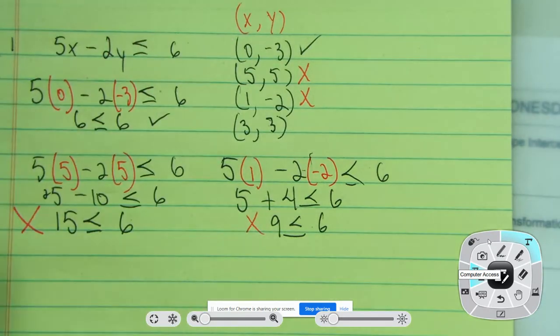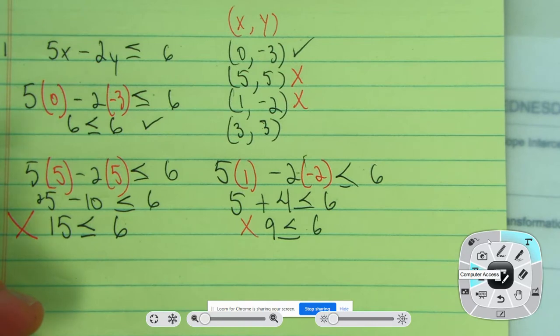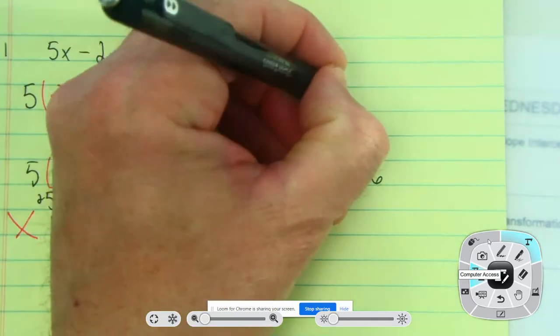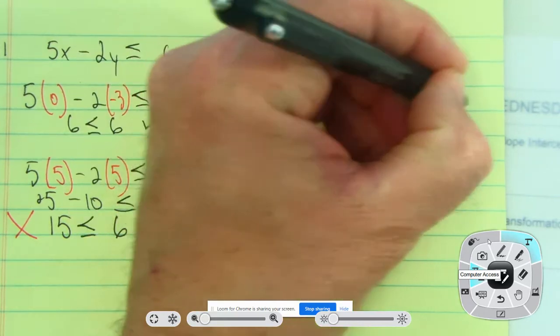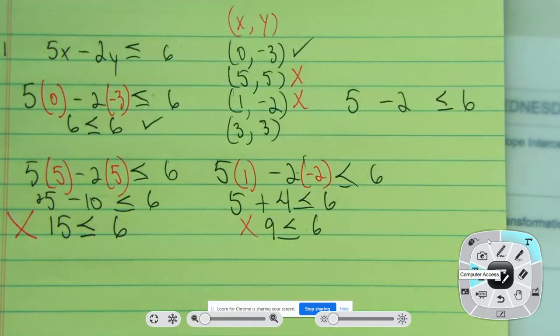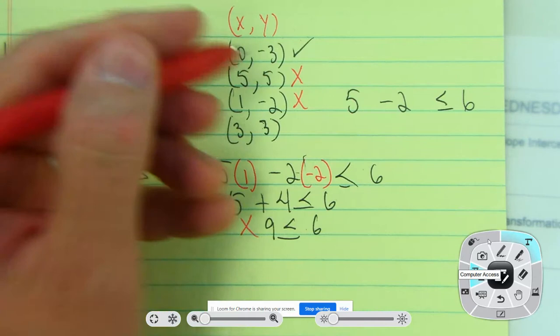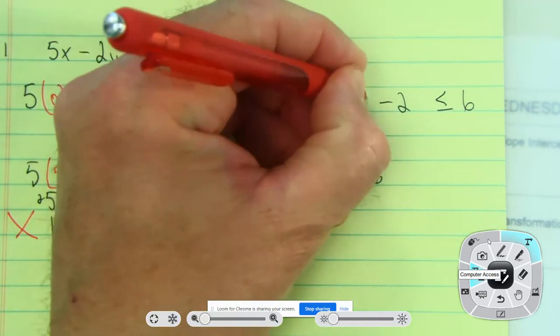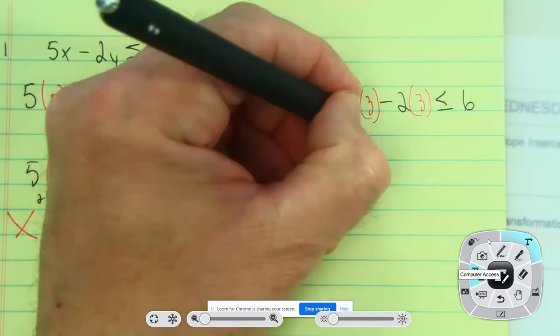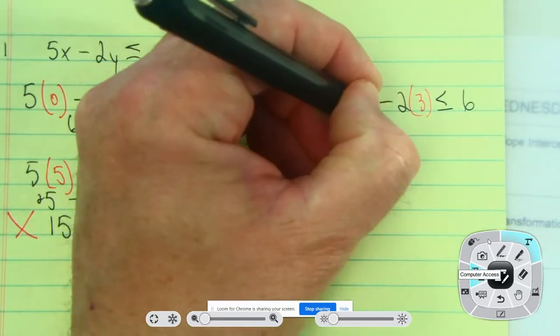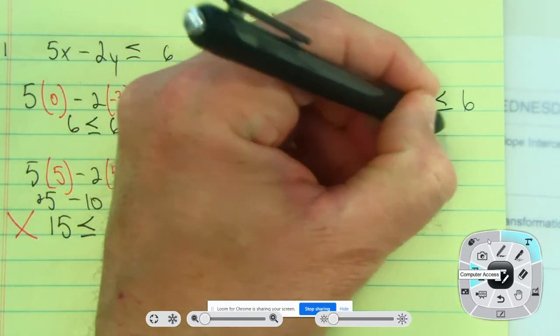I've got to try one more before I'm finished with this problem. And that's going to be 5 times x minus 2 times y, is that less than or equal to 6? And then I'm going to plug in again the 3 and the 3. What I find out is 15 minus 6.